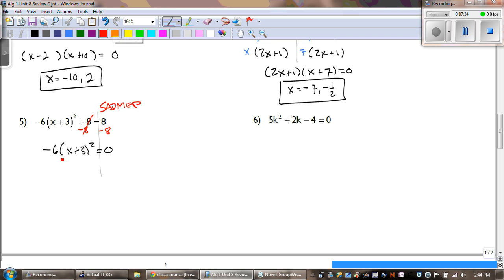I like it when it equals 0 because I can do the rest of these steps a lot faster. We're going to divide to get rid of that negative 6, and 0 divided by negative 6 is 0. Take the square root of 0 is 0, and we're left with x plus 3 equals 0. Woo! And you end up getting x equals negative 3.